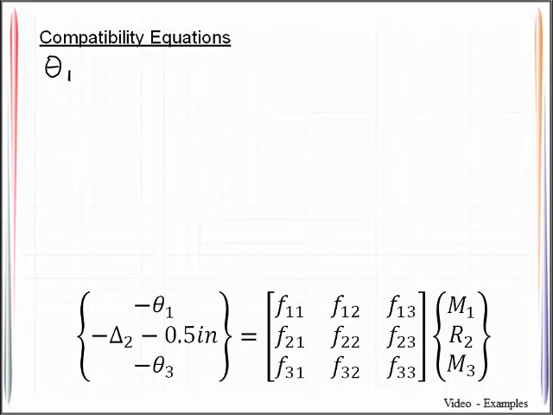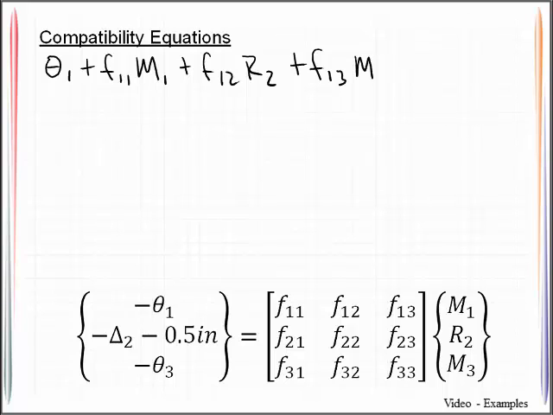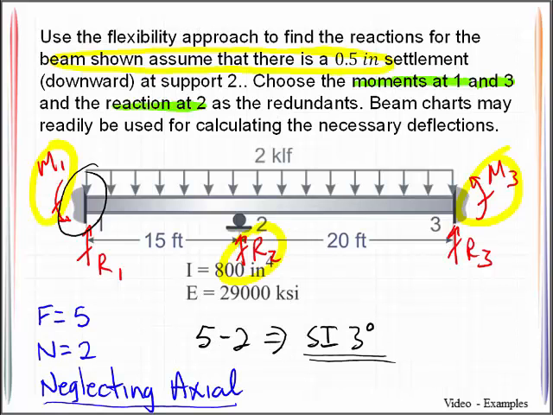We would get theta 1 plus F11 M1 plus F12 R2 plus F13 M3, and all of that has got to be equal to 0 because we know in the real structure that there is a 0 rotation at that particular location.